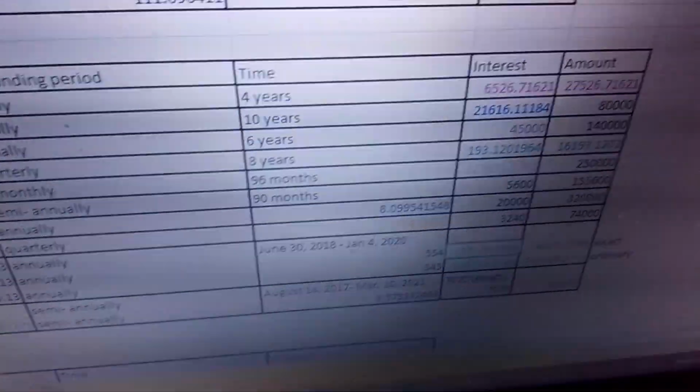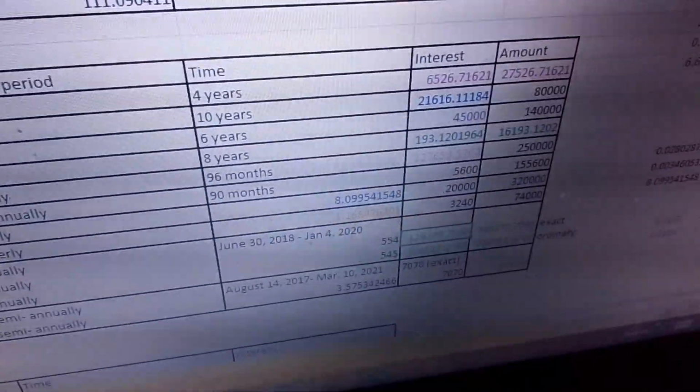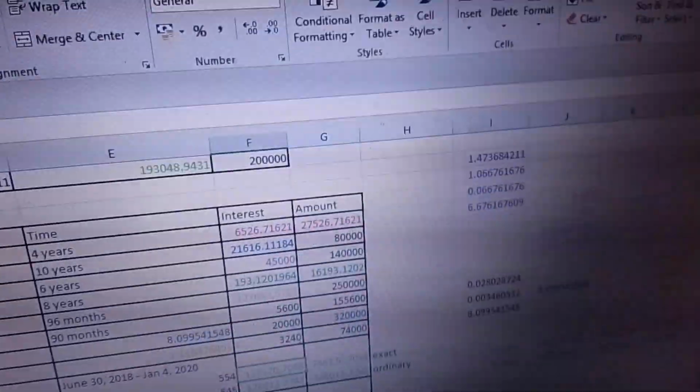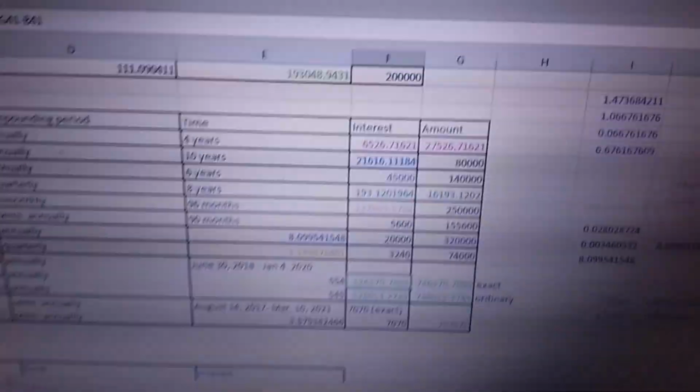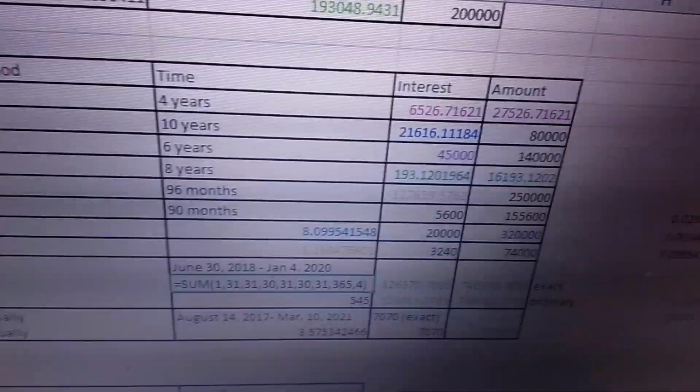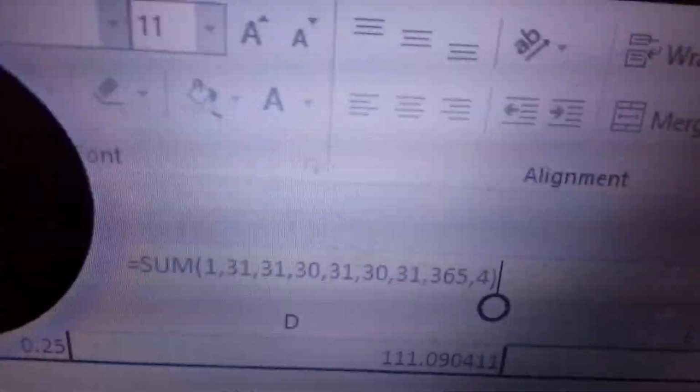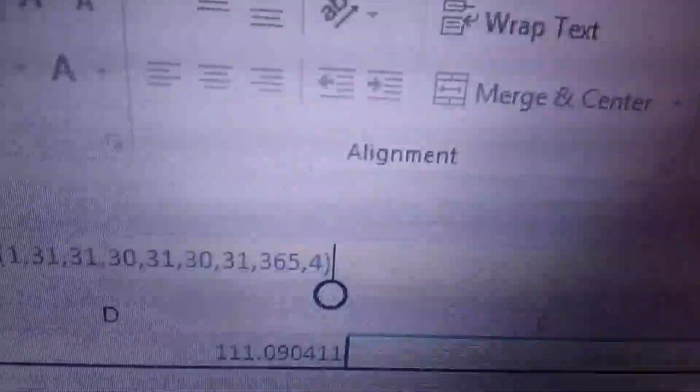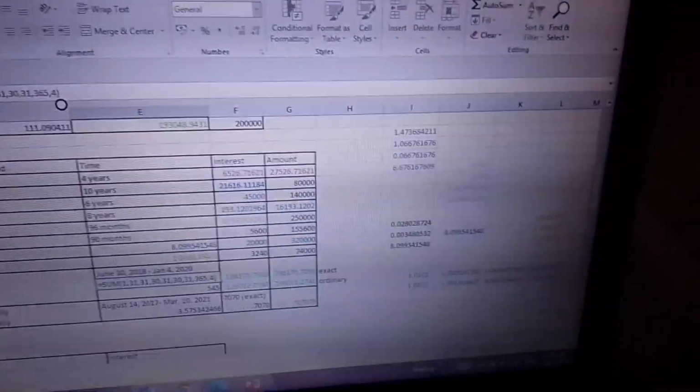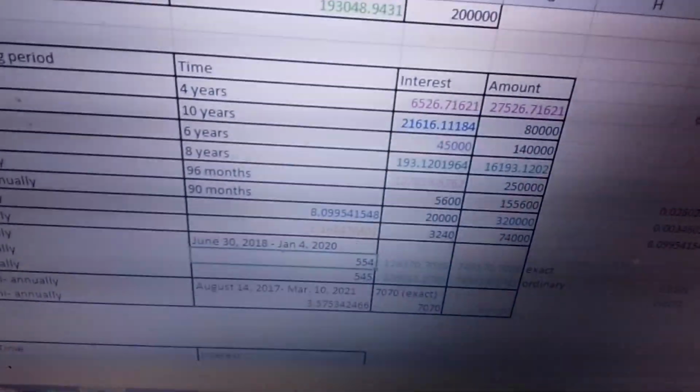And diba remember, they said, for exact interest, dapat that's supposed to be, ano yun? 554 days kapag exact interest. And to get the exact interest, ito yung ginawa ko. So, di ba remember it says here from June 30, 2018. And that's 1. So, June, July, August, September, October, November, December, January until January 4, 2020. That's 4. So, therefore, that's equivalent to 554 days.